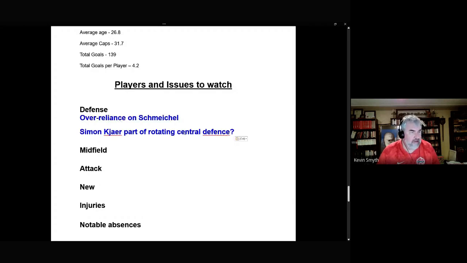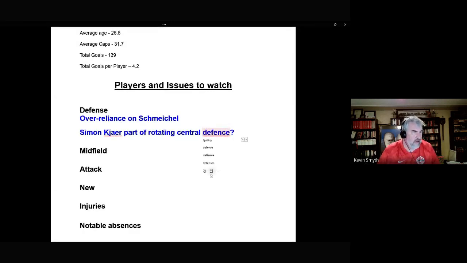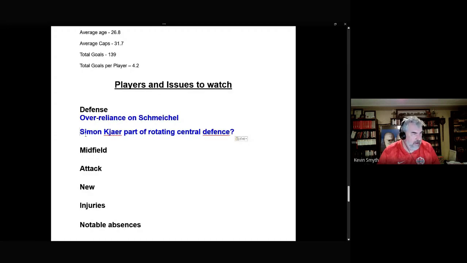The central defence has been rotating, especially since Simon Kerr was injured. We're not dead sure about Kerr's situation, but it looks like he would come back before the Cup. And that would make 4 central defenders rotating 3 positions, because they usually use a 3-man back line. So how is that going to be in the Cup?